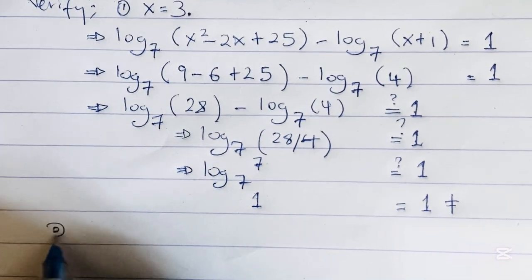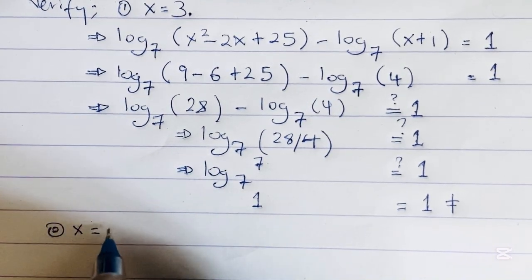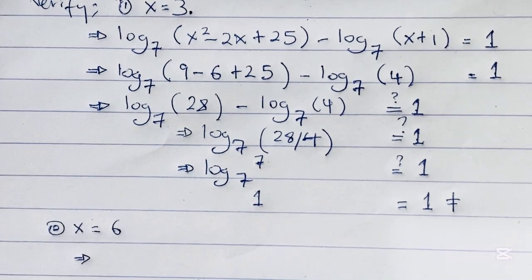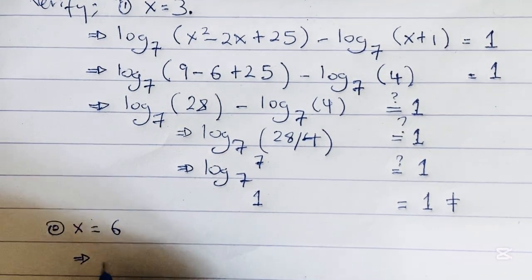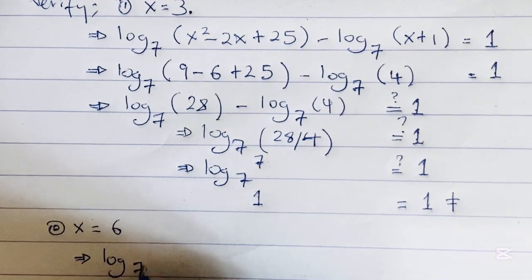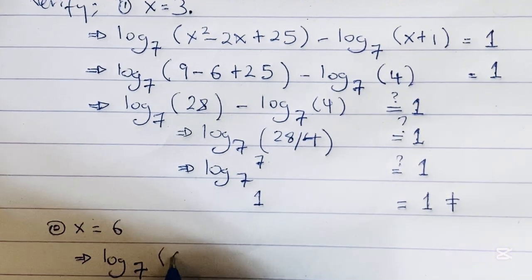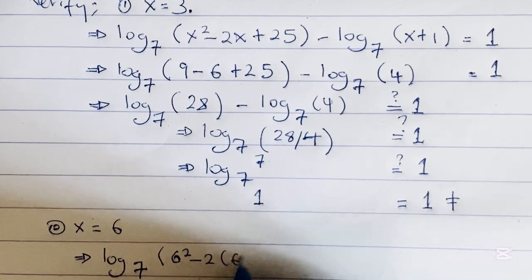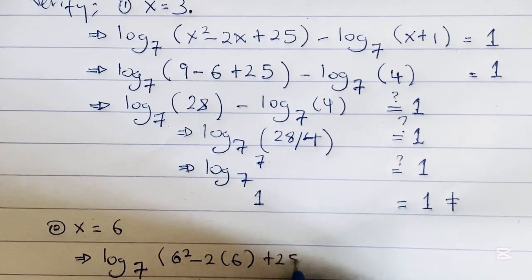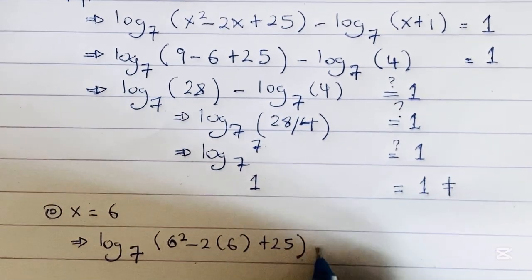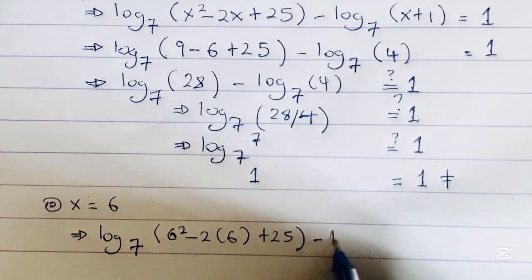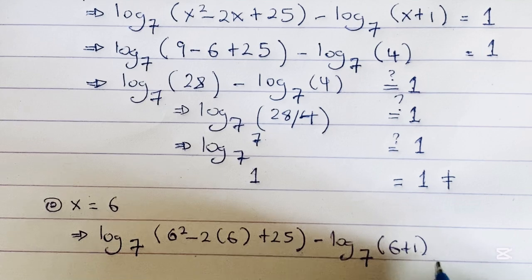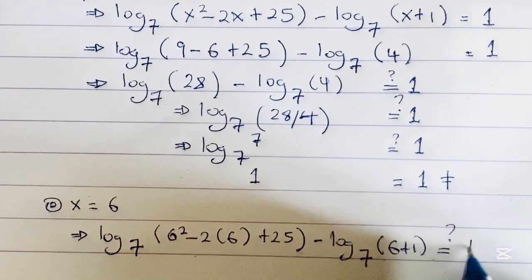Then the next value we have is x is equal to 6. So here we are going to substitute 6 into our equation. So we shall have log 7 of (6 squared minus 2 into 6 plus 25) minus log 7 of (6 plus 1) should give us 1.